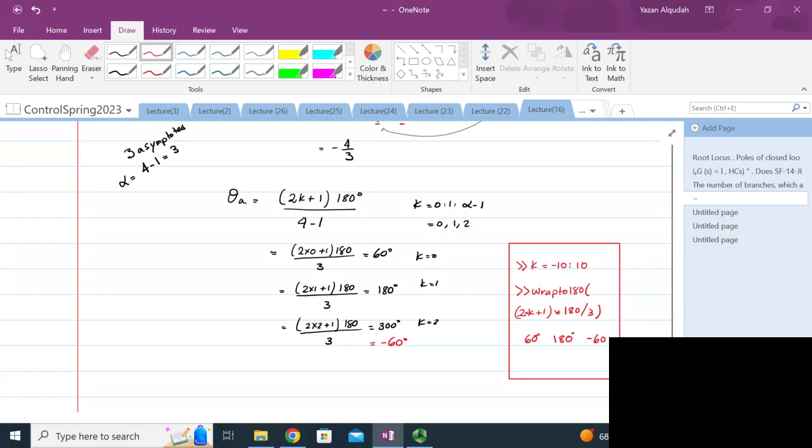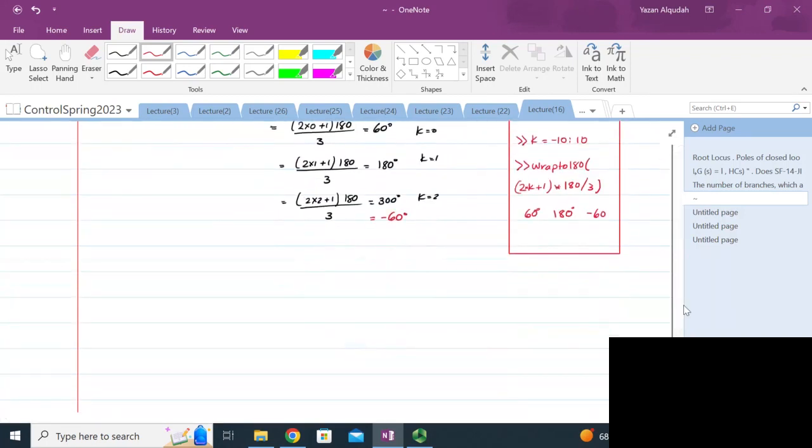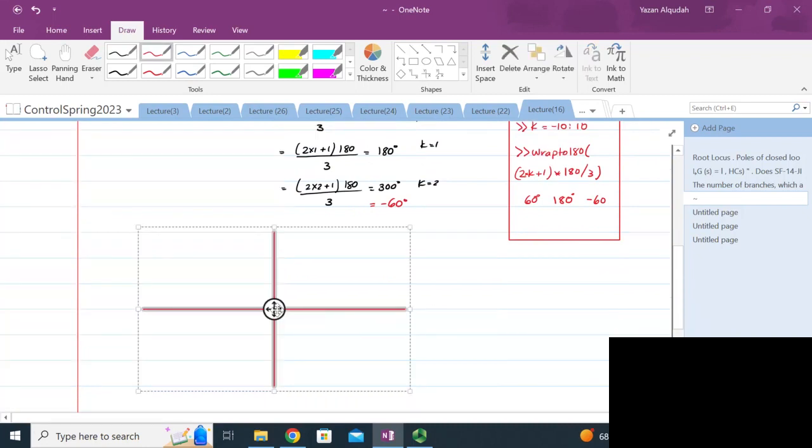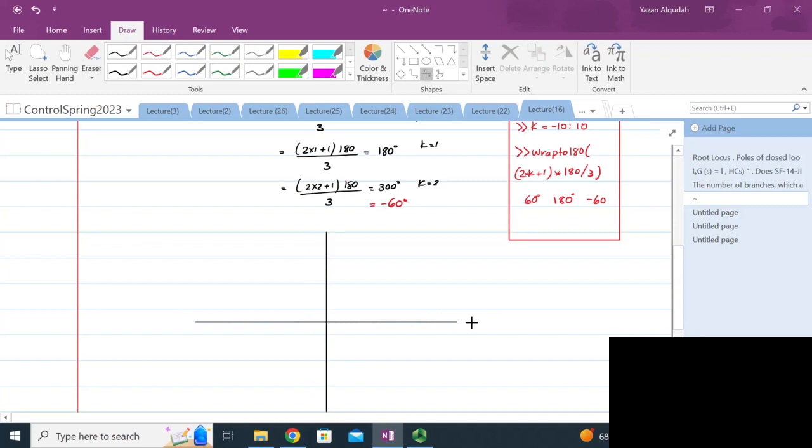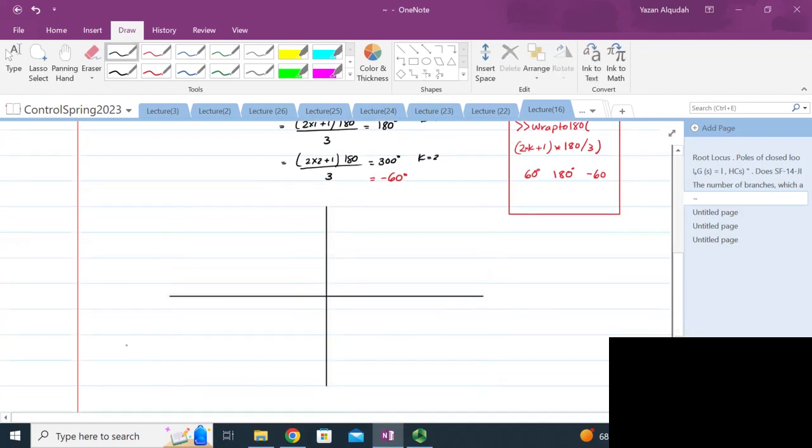Let's see. I'm going to come here and plot my root locus based on what we learned so far. What is the first step when we plot the root locus? The first step is we're going to mark all the open loop poles and zeros.